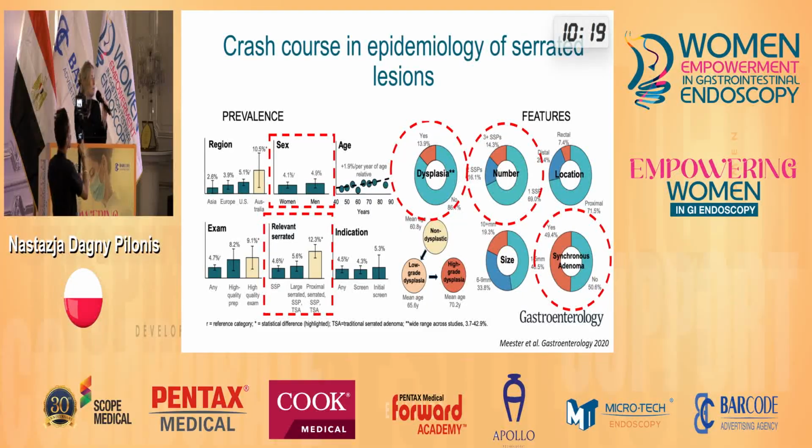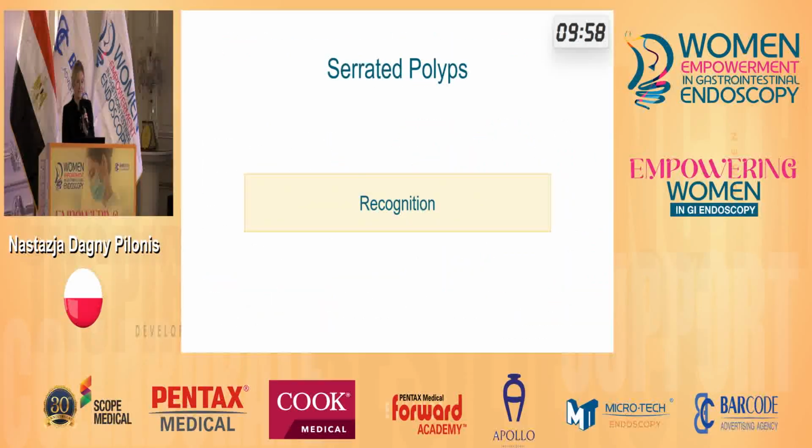Also, we should be aware that this is not an exclusive diagnosis. We can have a serrated lesion and an adenoma in one examination, in one colon, and you can see in the bottom right circle, 50% of patients have synchronous adenomas and serrated lesions.